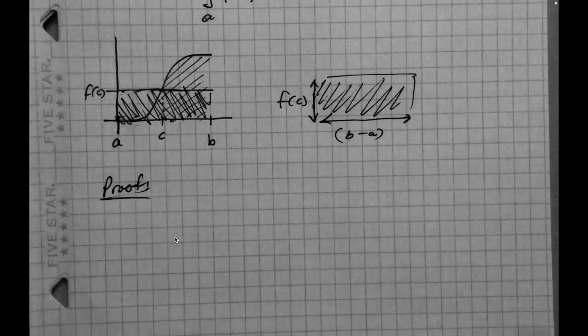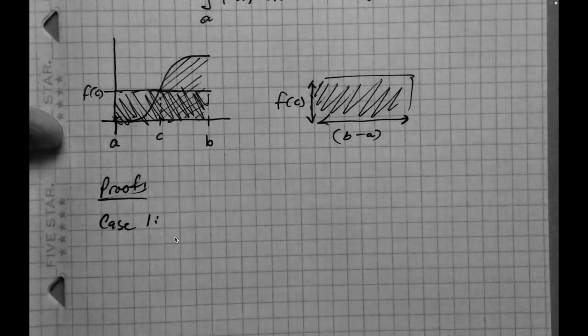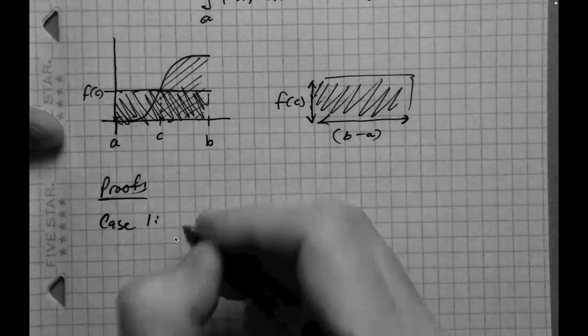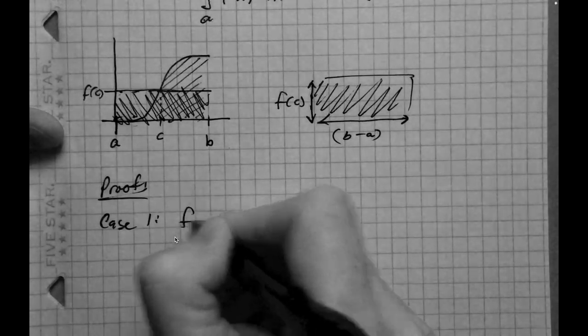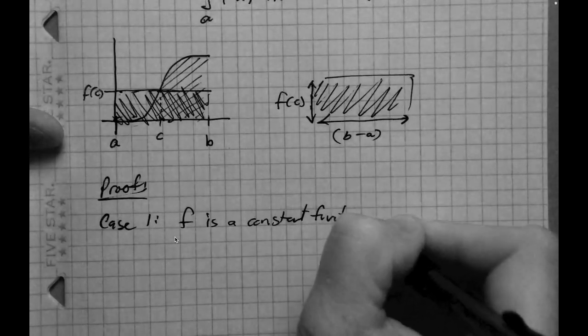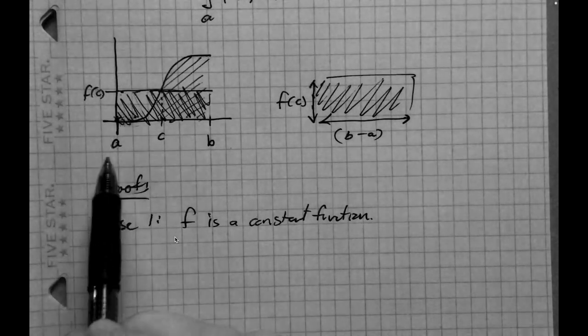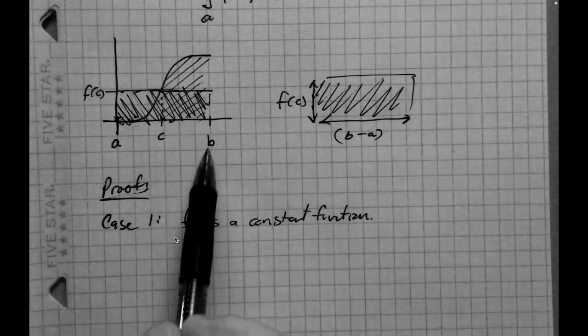Let's take two cases, right? Case one will be the straightforward case where f is some constant function. Well, if f is a constant function, then basically the area is already equal to the rectangle f of c times b minus a.